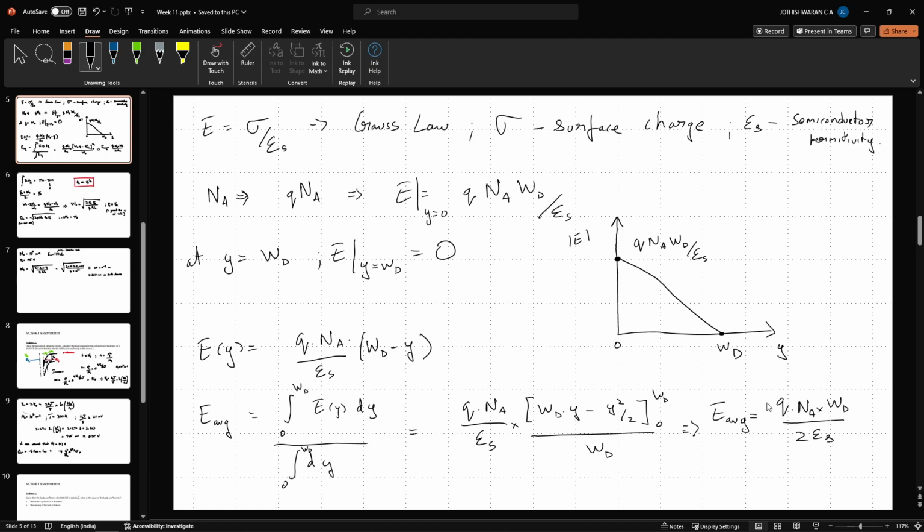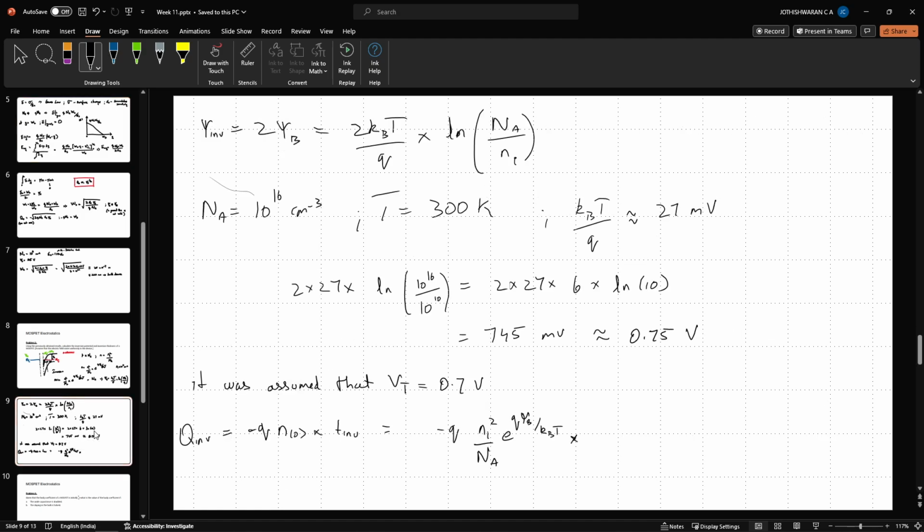I know that the average electric field has been derived to be this quantity, and this is related to the width of the region by this expression. Now this quantity will be replaced by the new inversion charge that we have obtained. By just substituting the values, I will get a factor of kBT divided by Q into E average. So this gives us the inversion layer thickness.